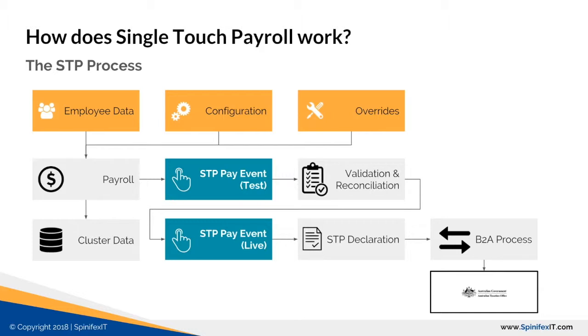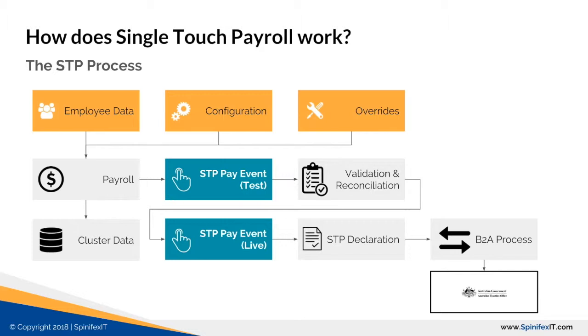Within Single Touch Payroll, SAP have delivered a number of solutions or programs, one of which is a generation program, which is done initially in test, at which point there's some validation and checking that you can achieve as a client.